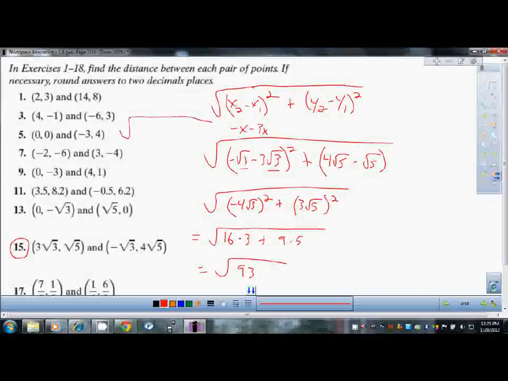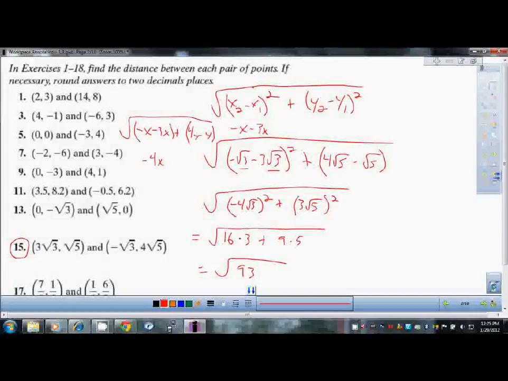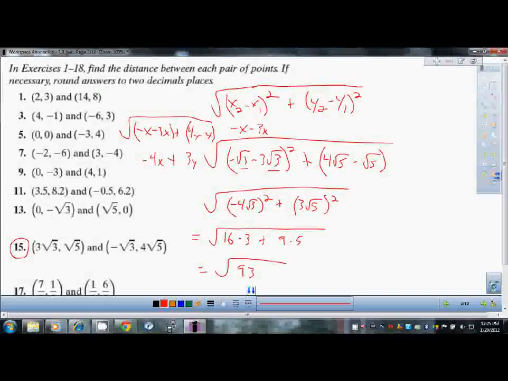Imagine it was like this. Imagine instead of radical 3, I had negative x minus 3x, and over here I had 4y minus y. This is going to give you negative 4x, and this is going to give you 3y, because they're common terms, right? Radicals work the same way.